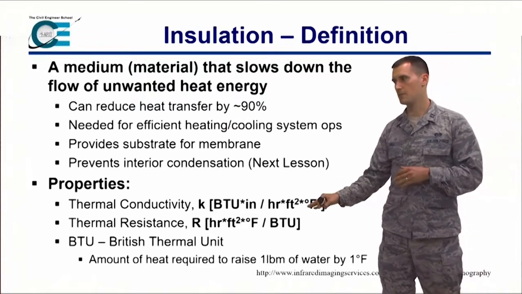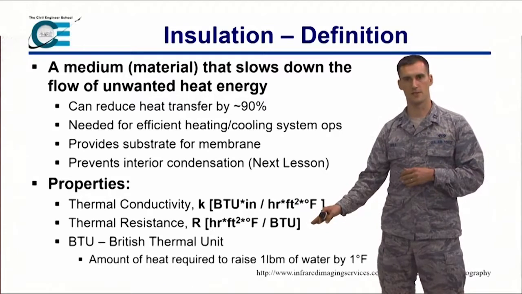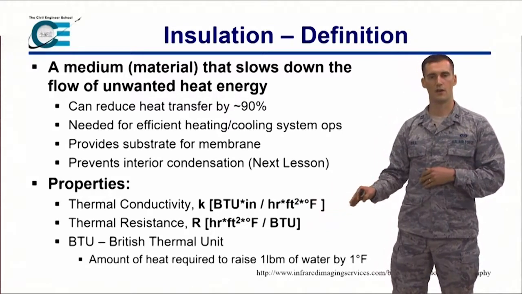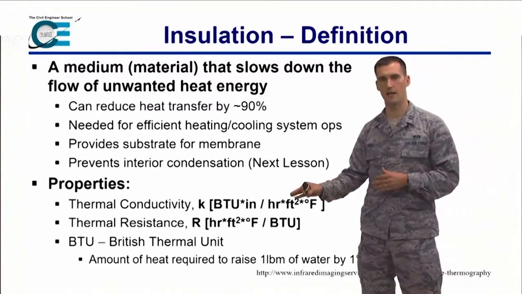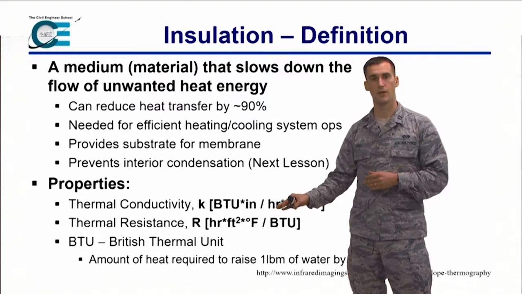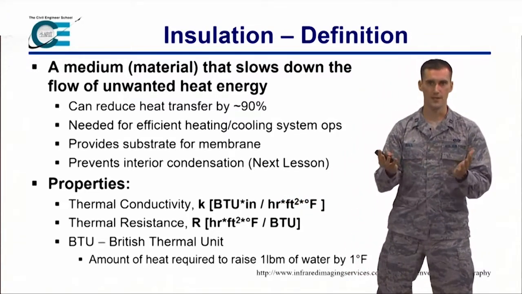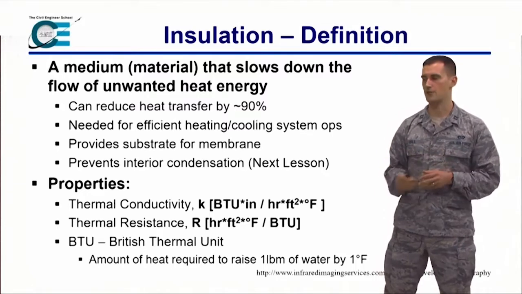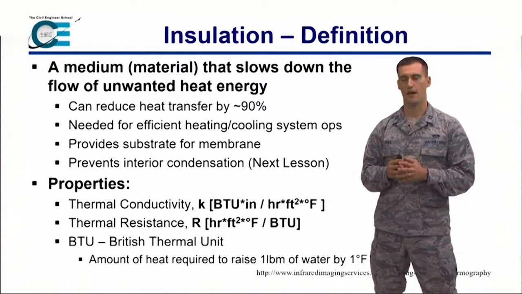The big way we define insulation is either by thermal conductivity or thermal resistance. These two are related to one another. For the most part, we define insulation by R value. Thermal resistance is how much we resist the heat transfer, and this is given for a specific thickness.